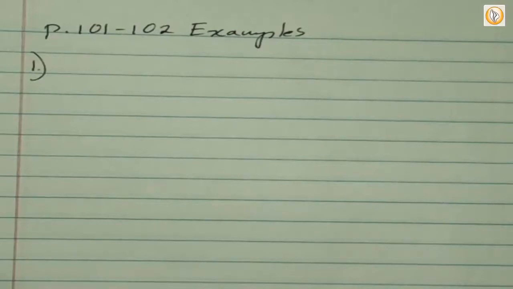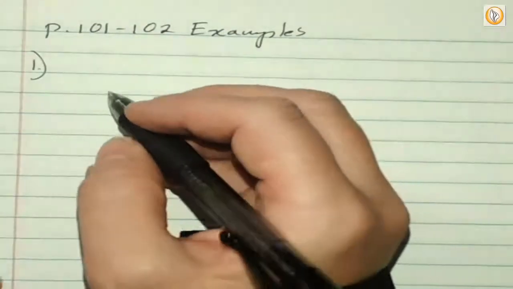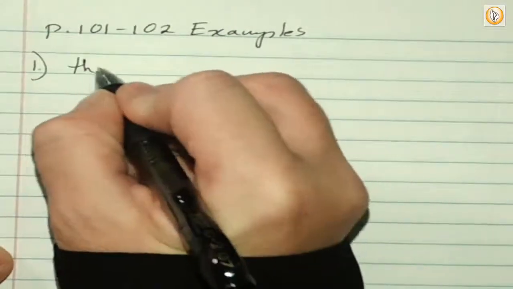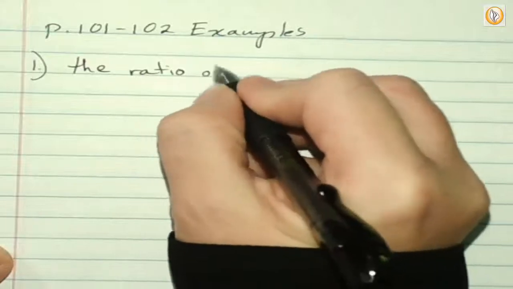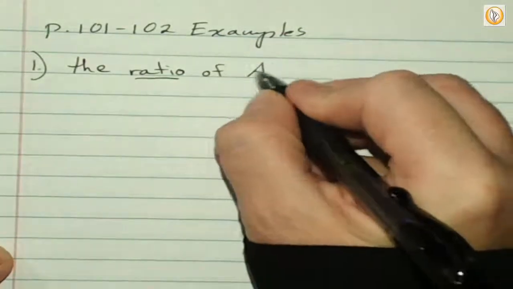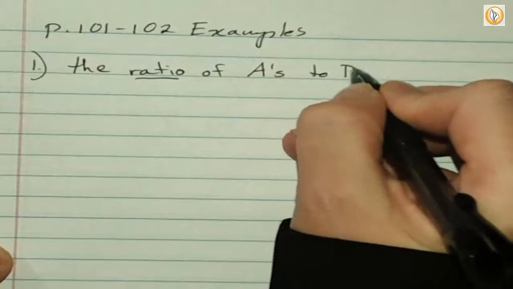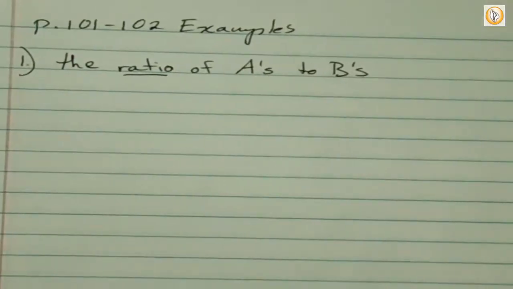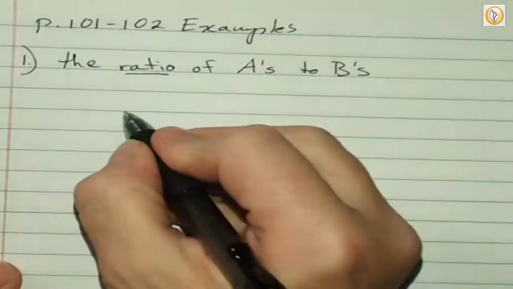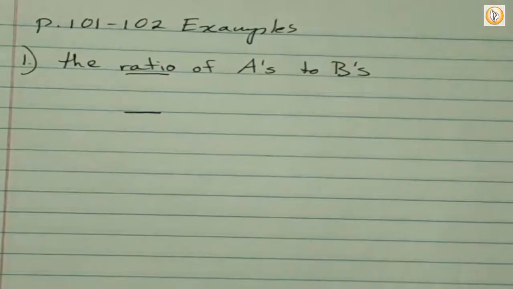That's also important. So number 1, they want to know the ratio of A's to B's. Ratio is your clue. It's going to be a fraction. Ratio of A's to B's.